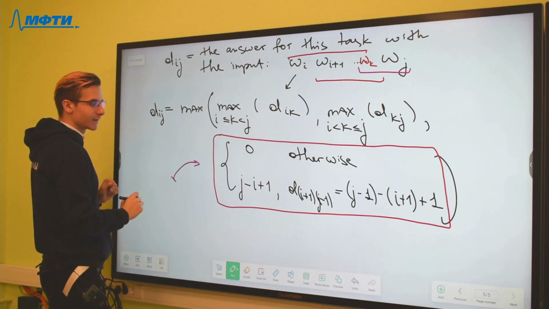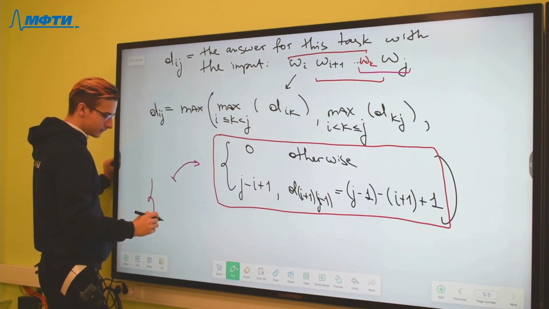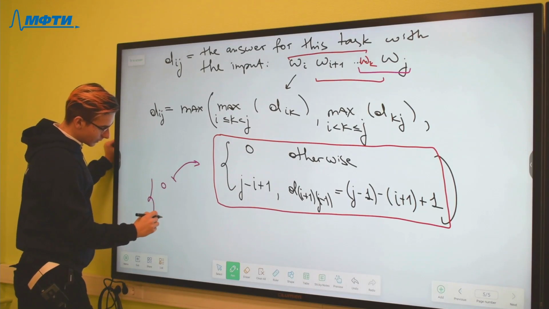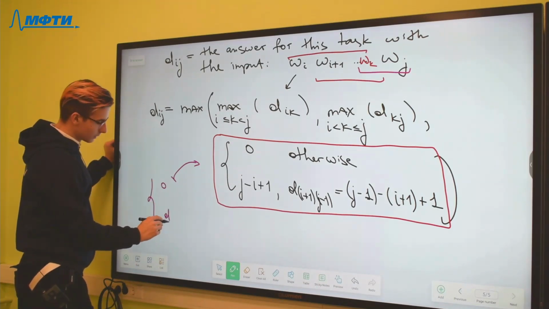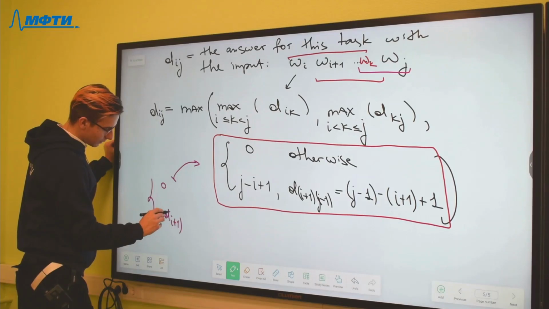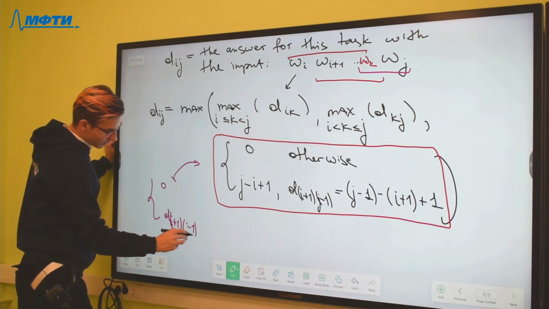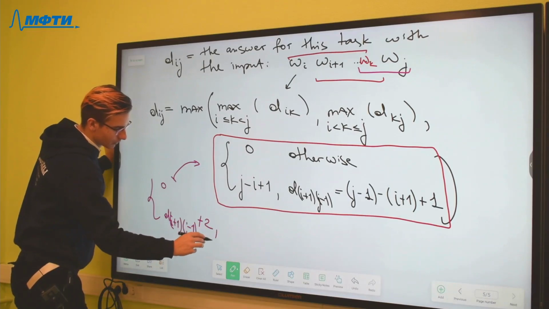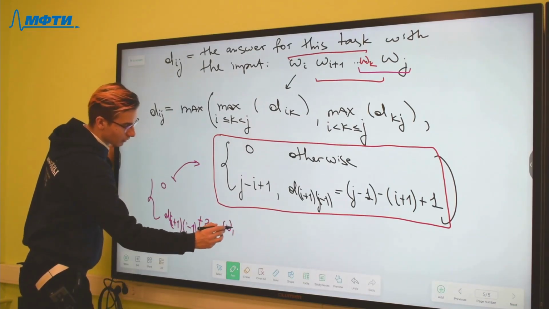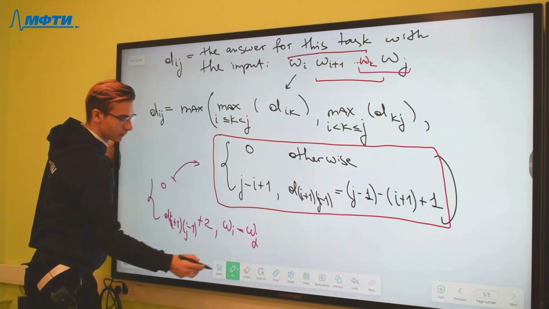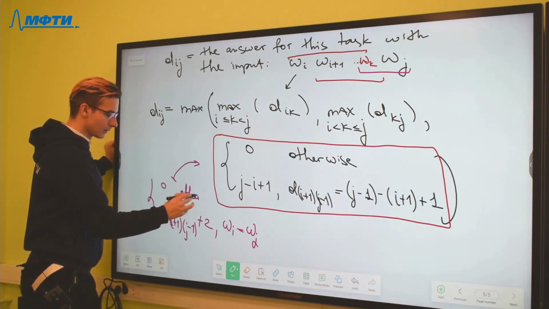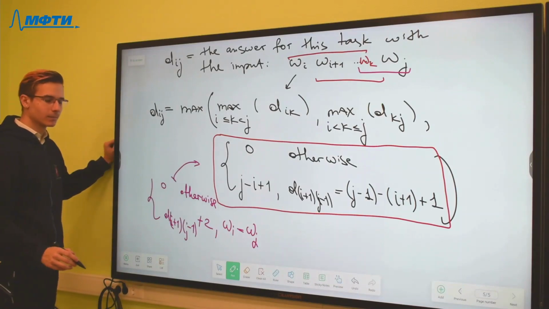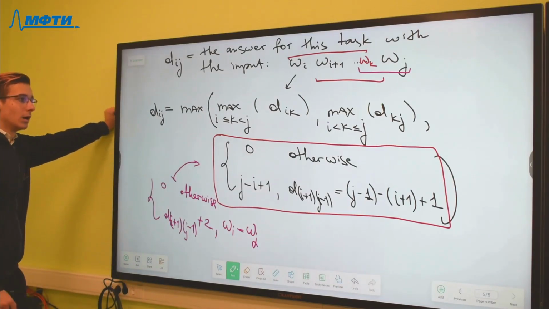So we need to change it to d[i+1][j-1] plus 2 if they're equal, or otherwise the other case. I think that is all we need to change here.